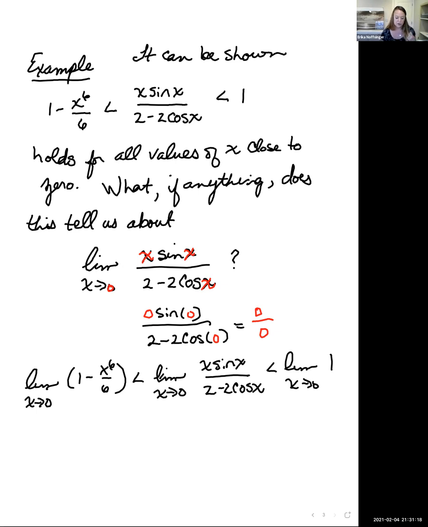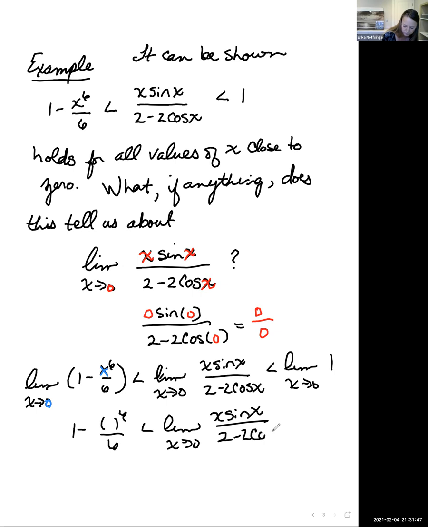Let's just do direct substitution on the one on the left. If we plug in 0 wherever we see an x, we would get 1 minus 0 to the 6 over 6. This is less than the limit as x approaches 0 of x sine x all over 2 minus 2 cosine of x, which is less than... Recall, when you're looking at the limit of a constant, that's always going to equal that constant.